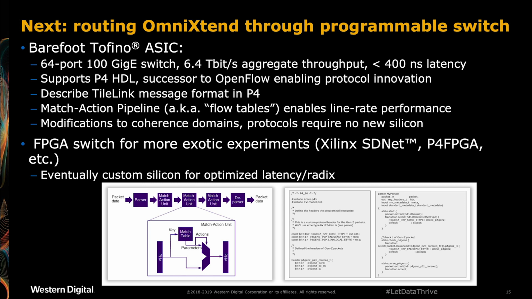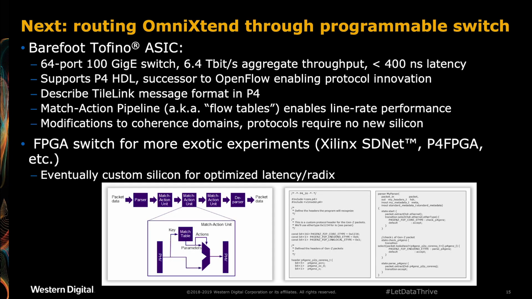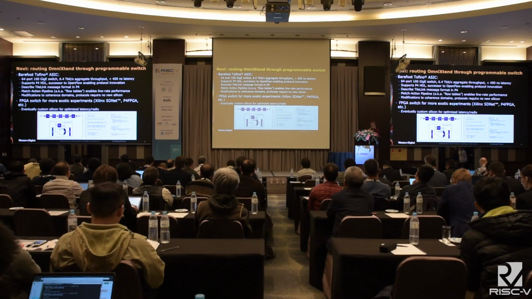So we describe the TileLink message format in P4, and we have what's called a match action pipeline, also known as flow tables. It enables line rate performance on that P4 code. And modifications to coherence domains and protocols require no new silicon.